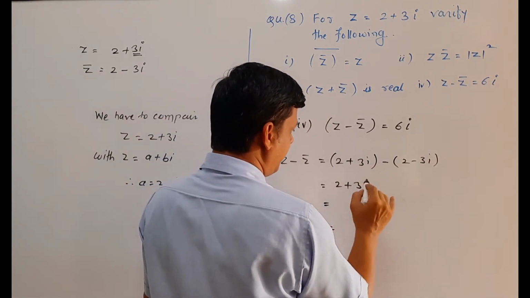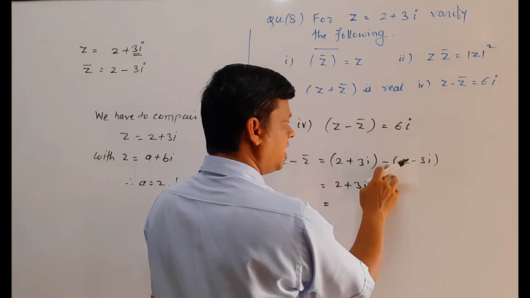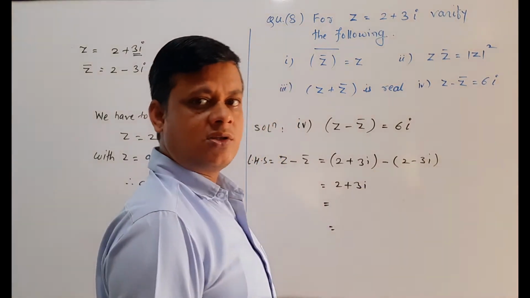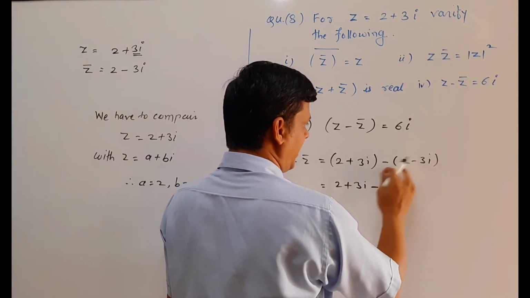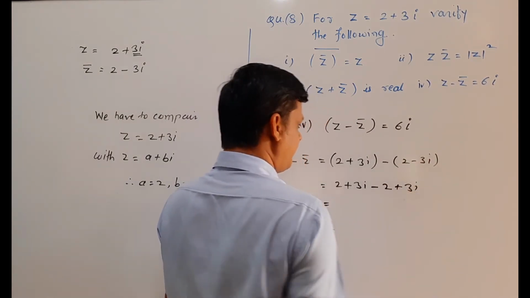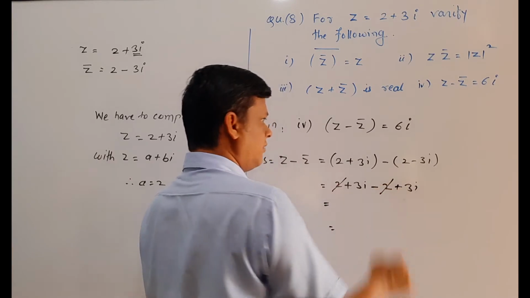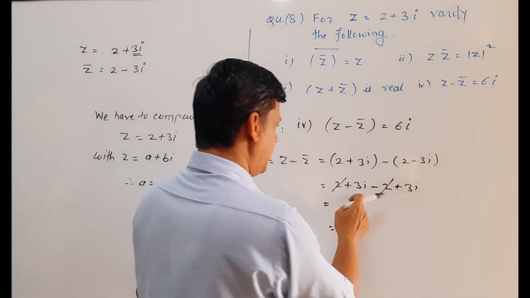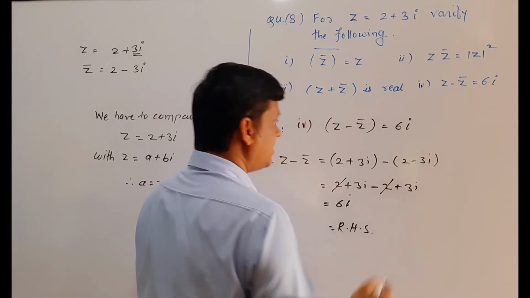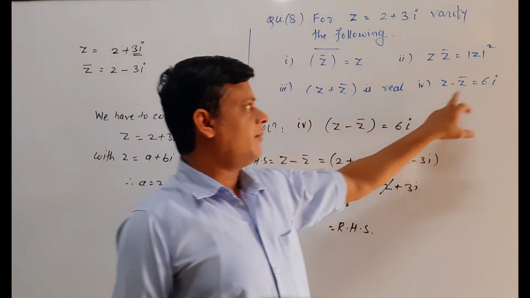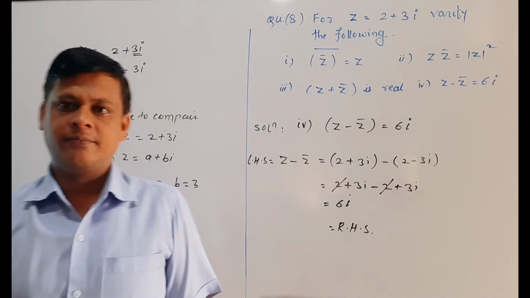When we remove the bracket, if the sign is negative before the bracket, we change the sign of the terms in the bracket. So we write minus 2, minus minus, plus 3i. So this plus 2 gets cancelled with this minus 2. 3i plus 3i is 6i, which is equal to RHS. Therefore z minus z bar equals 6i.